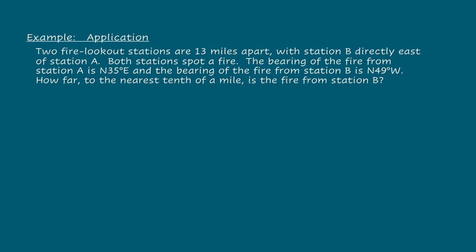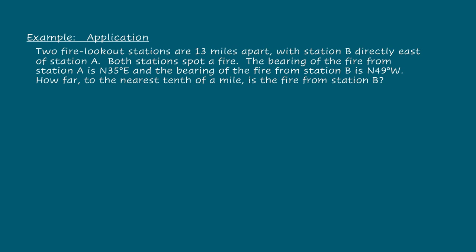So what I'm going to do is get all of the clues that I'm given in the problem, and use the law of sines to solve everything that I can and determine how far the station is from the fire. So let's just read the problem and figure out the clues and see what we can do.